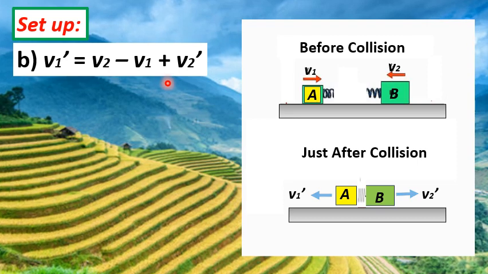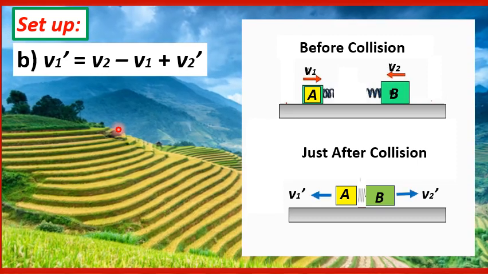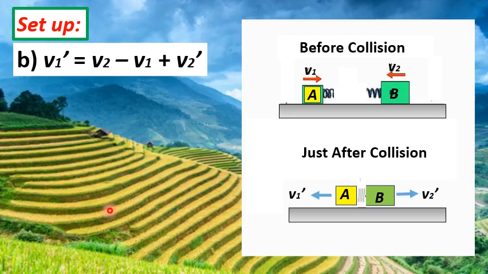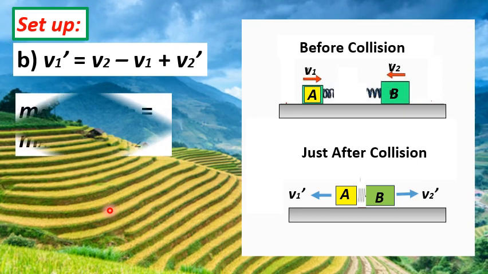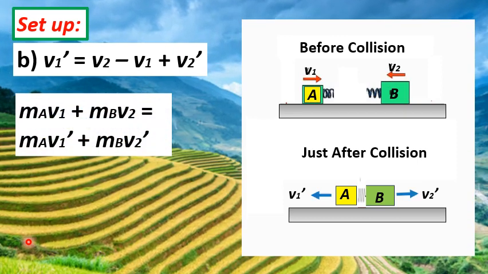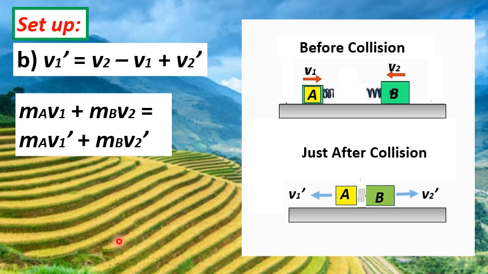This was taken from the formula for the coefficient of restitution. And the other formula, of course, is based on the conservation of linear momentum: m_A v_1 plus m_B v_2 equals m_A v_1 prime plus m_B v_2 prime.